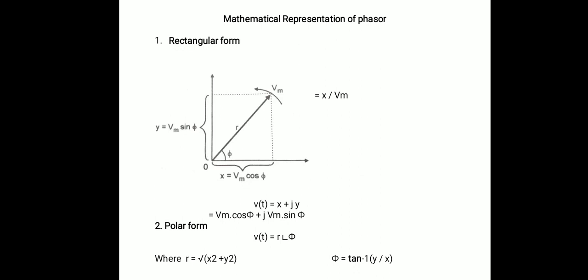So what is the value of x? X is the distance measured between the top of the phasor and the y-axis. And what is the length of y? It is the distance between the top of the phasor and the x-axis. We have made projections from the top of the phasor towards the x-axis and y-axis, represented with dotted lines.